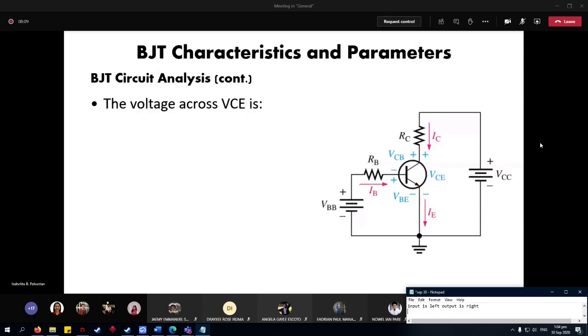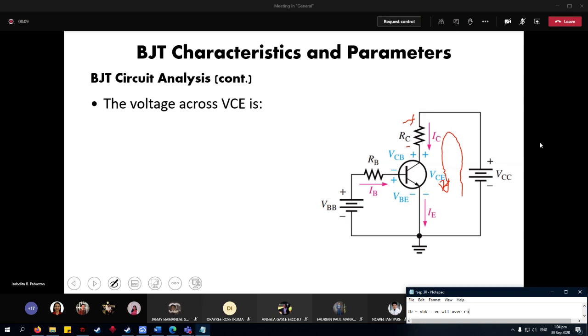Okay, here, what is the voltage across VCE? That is the same circuit. So, what we will do is write the loop equation here. This one is the output side. So, what was our polarity here earlier? Plus, and then, minus.